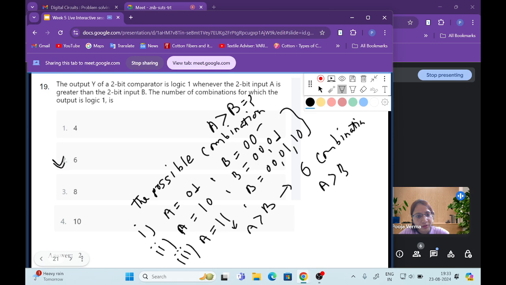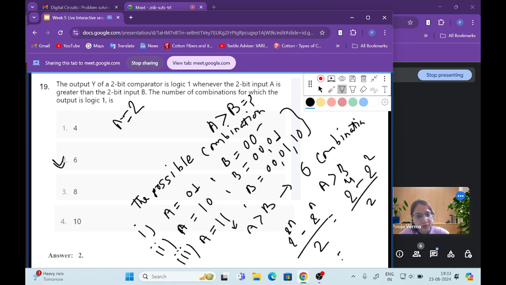Okay, now you can solve it from here. Otherwise, there is one formula also. So (2 to the power 2n minus 2 to the power n) divided by 2. Here n is equal to 2 bit, already given, output of a 2-bit comparator, n is equal to 2. So if we put 2, 2 into 2 will be 4 and 2 to the power 2, divided by 2.